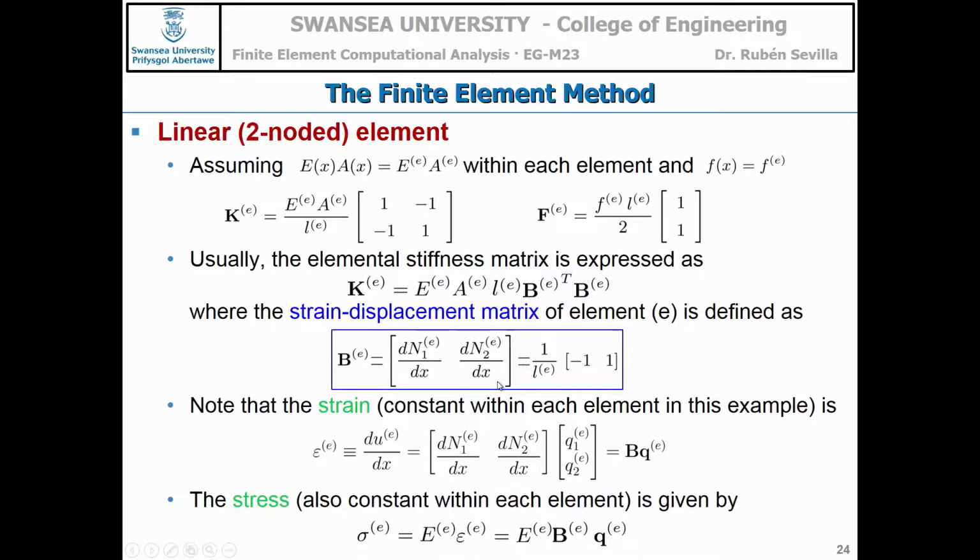I'm calling it a matrix because in any book they call it a matrix, since in 2D and 3D, which is what you are aiming for, it is a matrix, not a vector. You only do 1D here in the class because you're learning, but in reality 1D problems are not of interest. So sometimes it's useful to write the stiffness matrix this way. Why? Because this B has got a meaning.